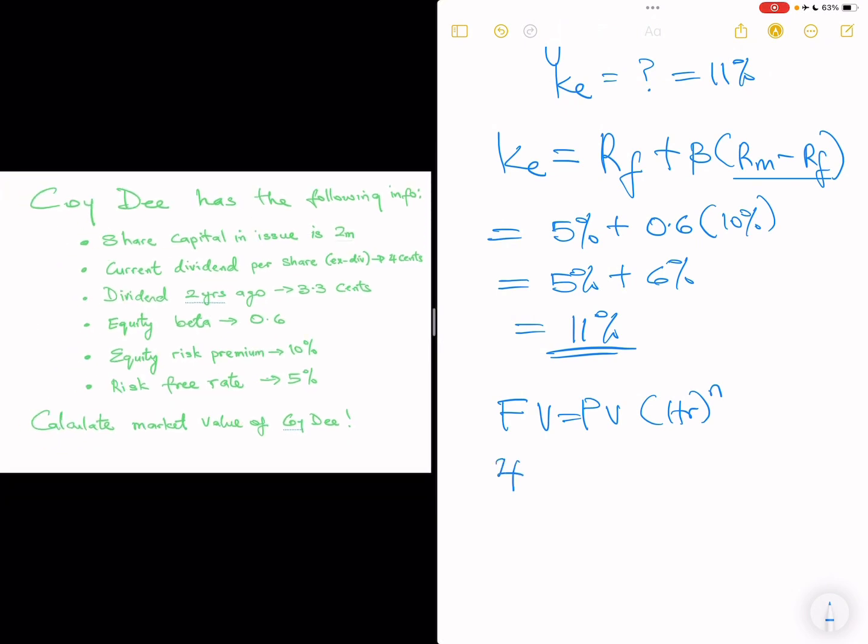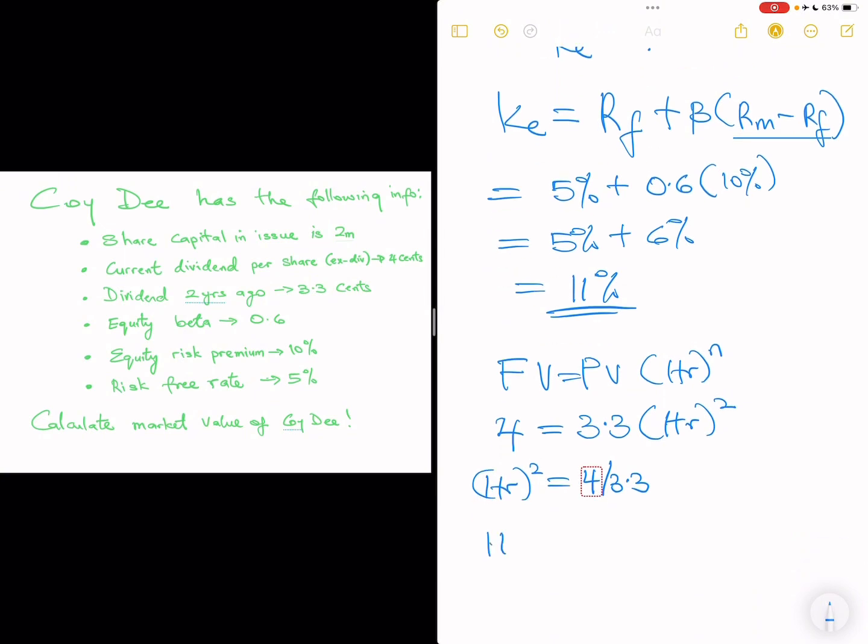That equals the oldest dividend, 3.3 from 2 years ago. r is what we want to calculate, which will be our g, and the time between those two dividends is 2 years, so that will be raised to power 2. Therefore, (1 plus r) raised to power 2 equals 4 divided by 3.3.